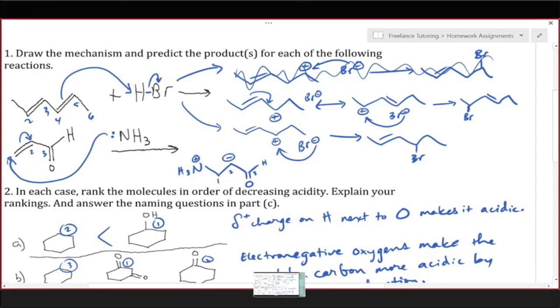No, I'm not quite sure what would happen next. Take a guess. Well, we just had a nucleophile attack an electrophile, so we could have an acid-base reaction.